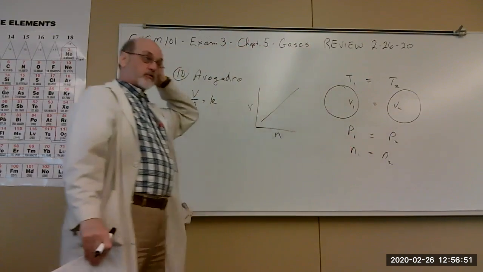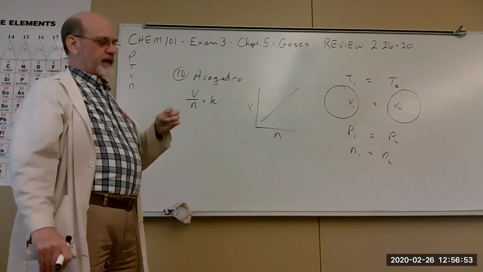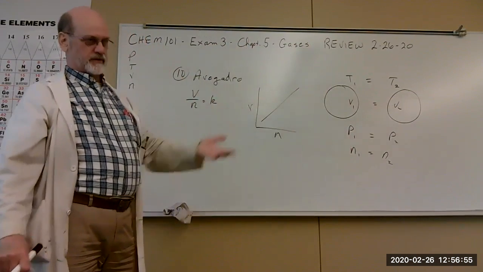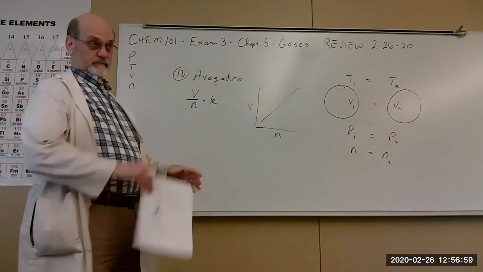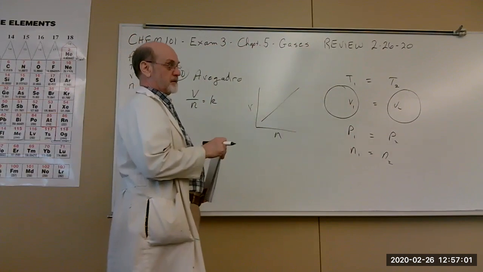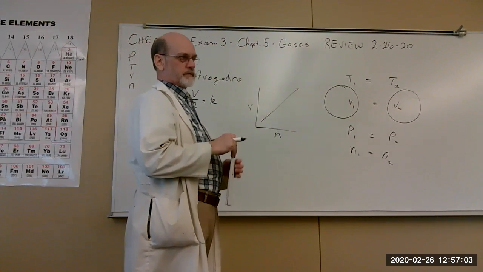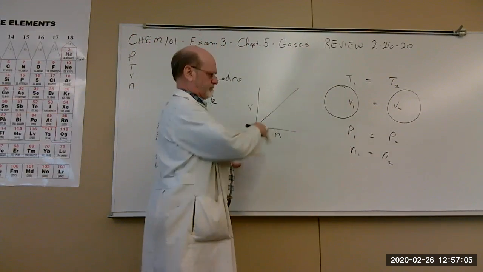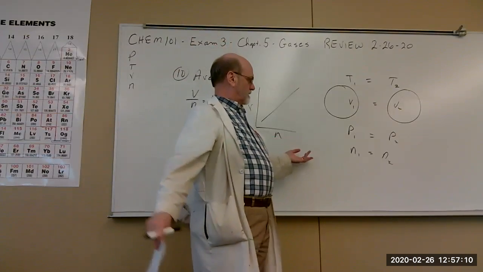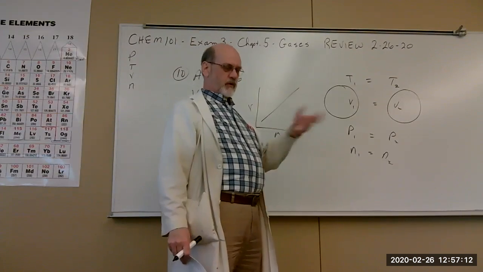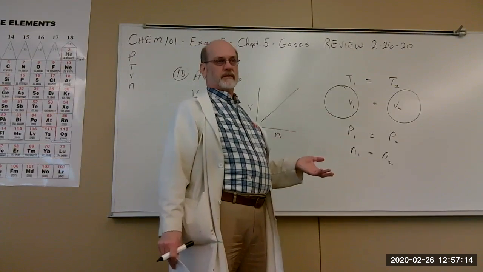That was Avogadro's revelation. We didn't have time to talk about it, but there was this big conference at the university in Karlsruhe, Germany in 1865, I think it was, or 4. They were trying to figure out why their reactions were going wrong and they didn't know how to fix them.